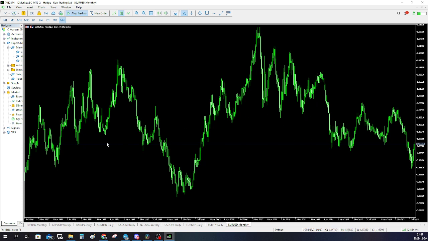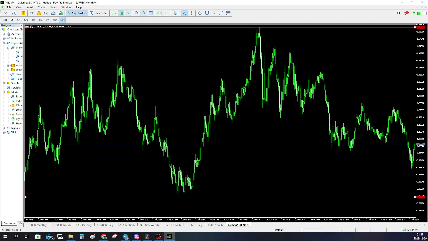Anyways, enough of that. So yeah, what I've done is map out from the bottom to the top, and then try and find these little areas where the market has shown that there are areas of interest there.